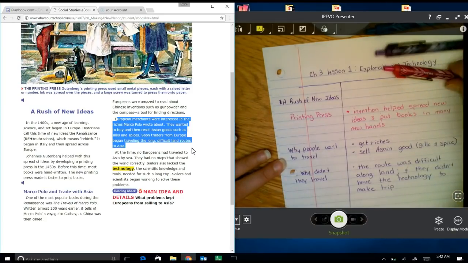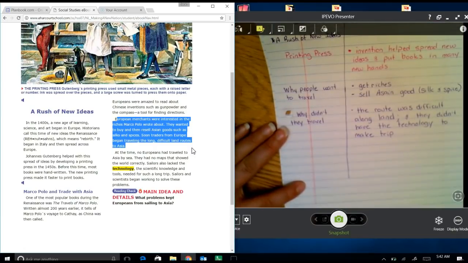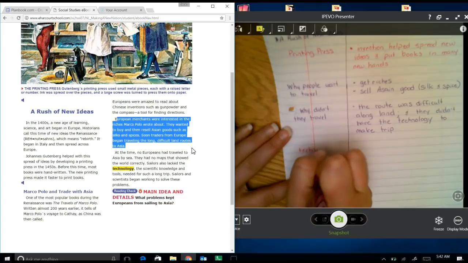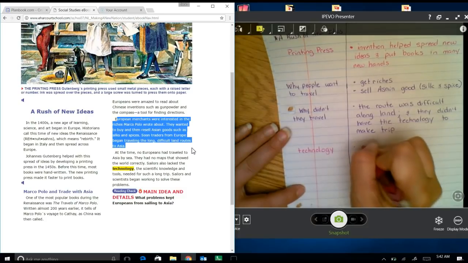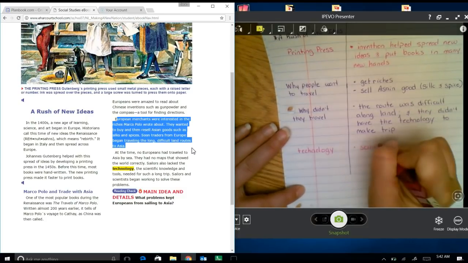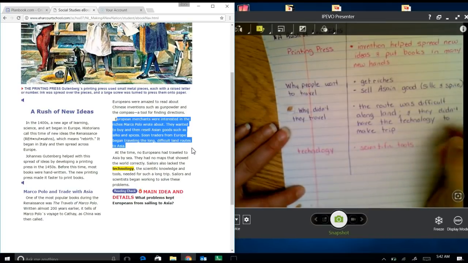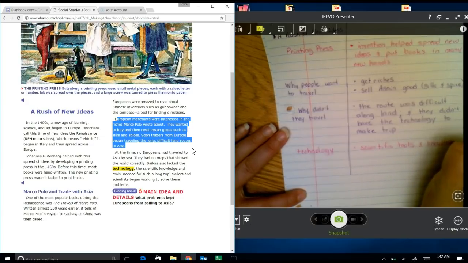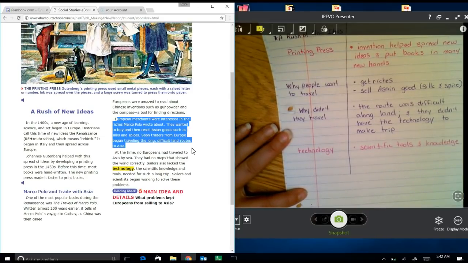And I'm going to grab my pink and I'm going to put in the word technology because that's another vocab word. This one they even chose to highlight in yellow. Okay, so technology is simply scientific tools and knowledge, and that's it.